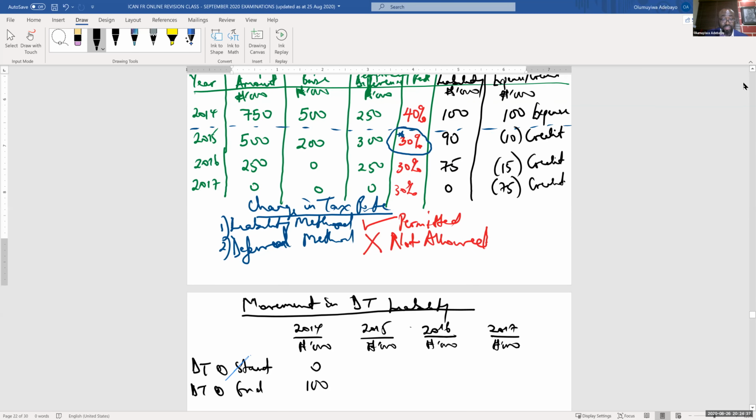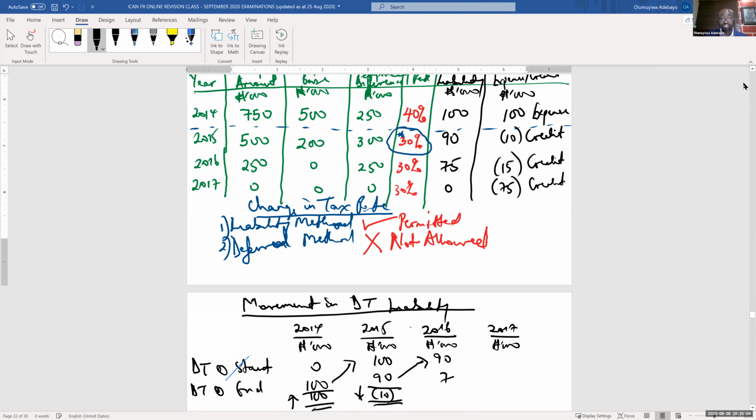Now, invariably, what has happened? There's an increase of 100. Remember, the balance in 2014 is carried forward to 2015. And in 2015, the balance is now 90, which shows what? A decrease of 10. 90 moves as the opening balance in 2016.